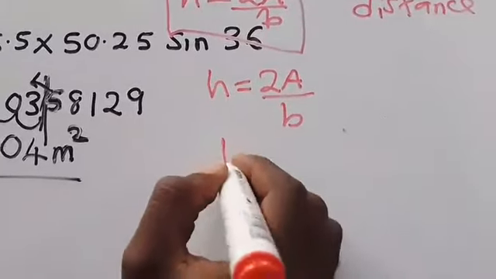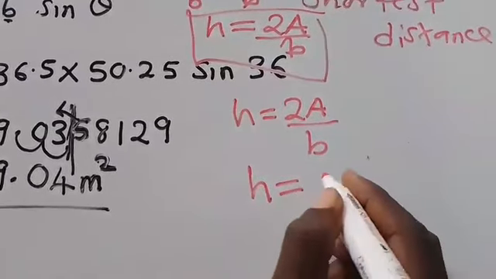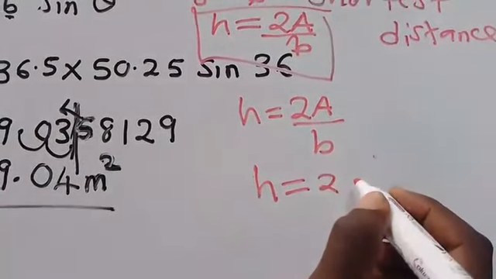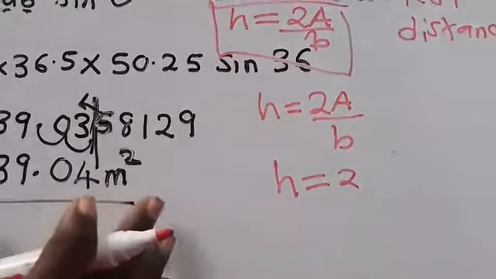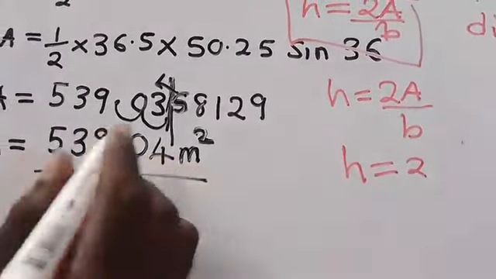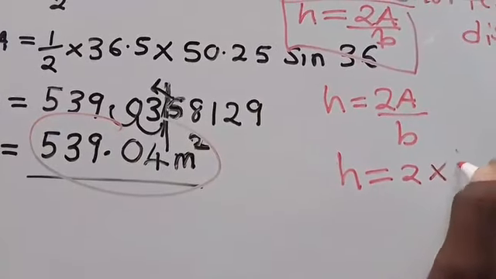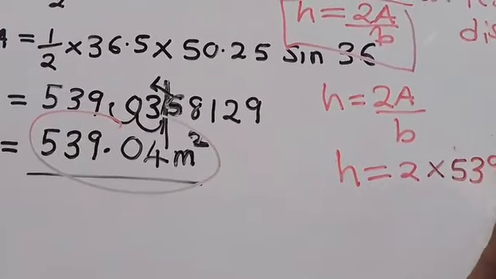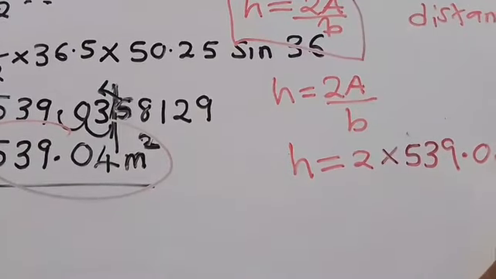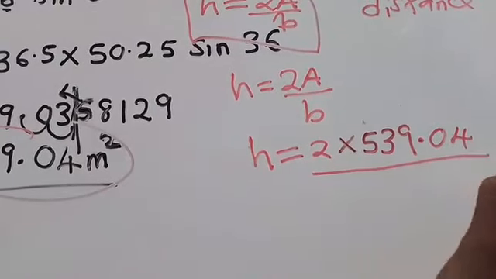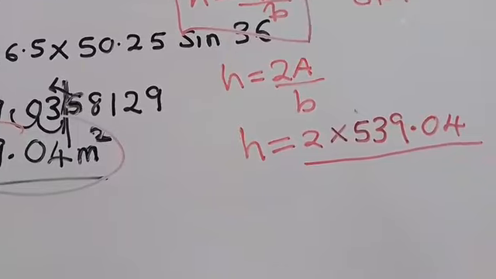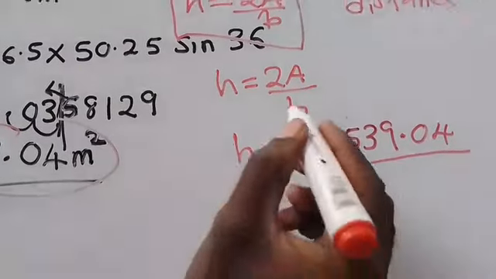In this case, h is equal to 2 times the area, which is given. It is the same answer here. So I just need to say 2 times 539.04, over the base.